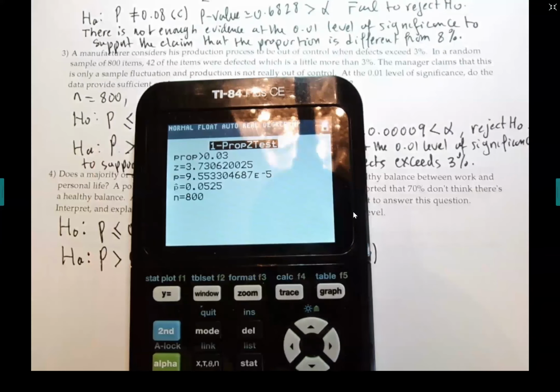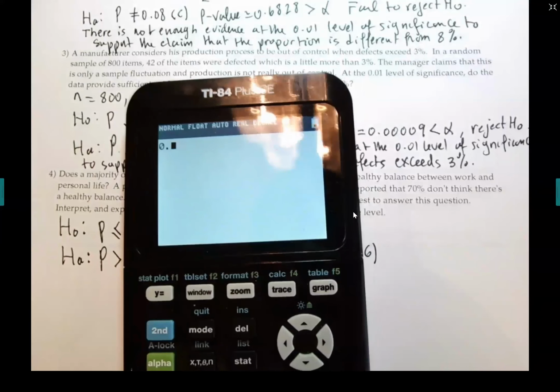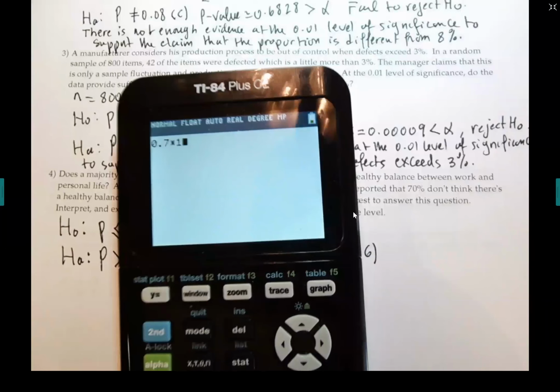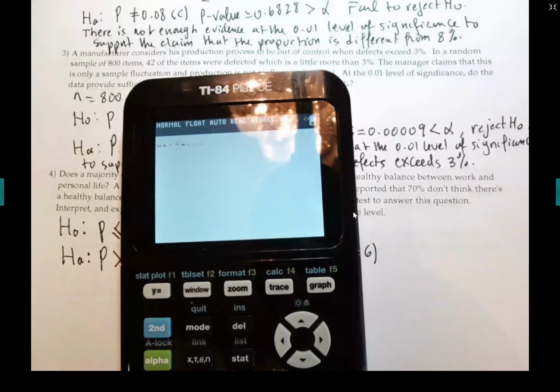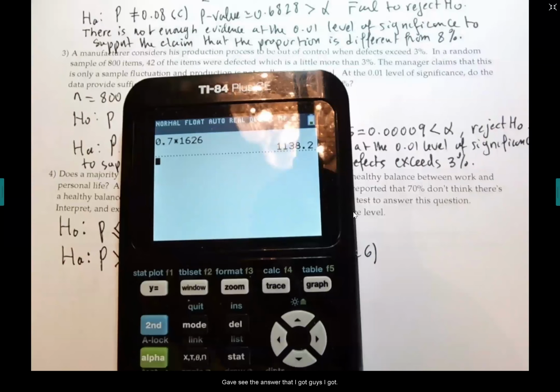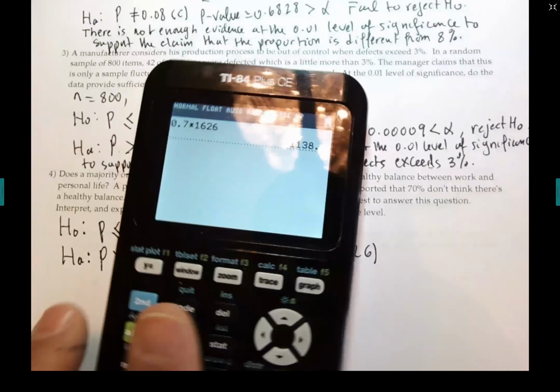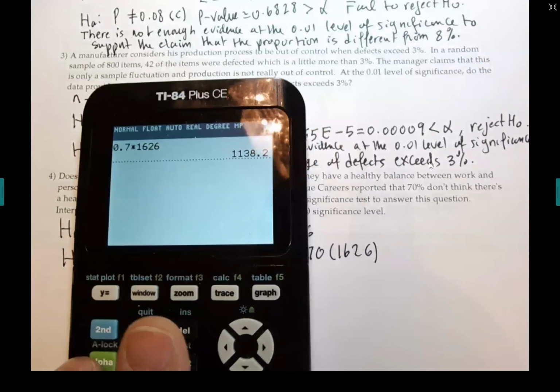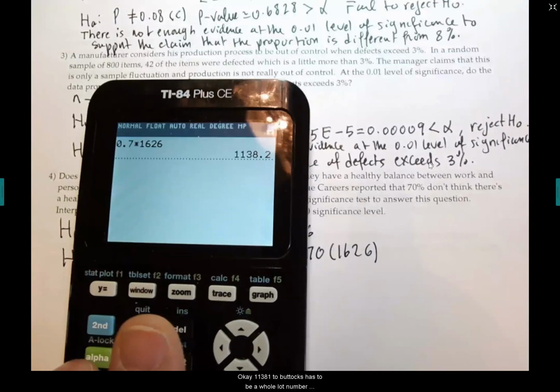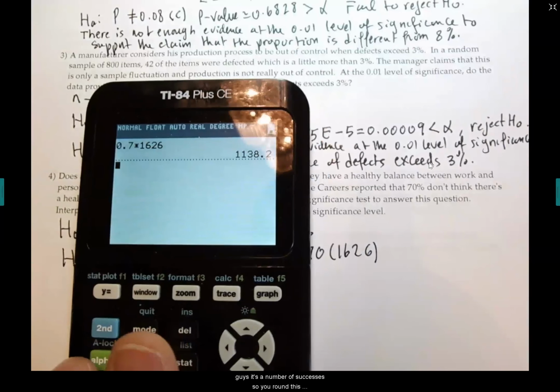Clear here. Okay, you see the answer that I got, guys? I got 1138.2. Okay, 1138.2, but X has to be a whole number, guys. It's a number of successes. So you round this number to the nearest whole number.